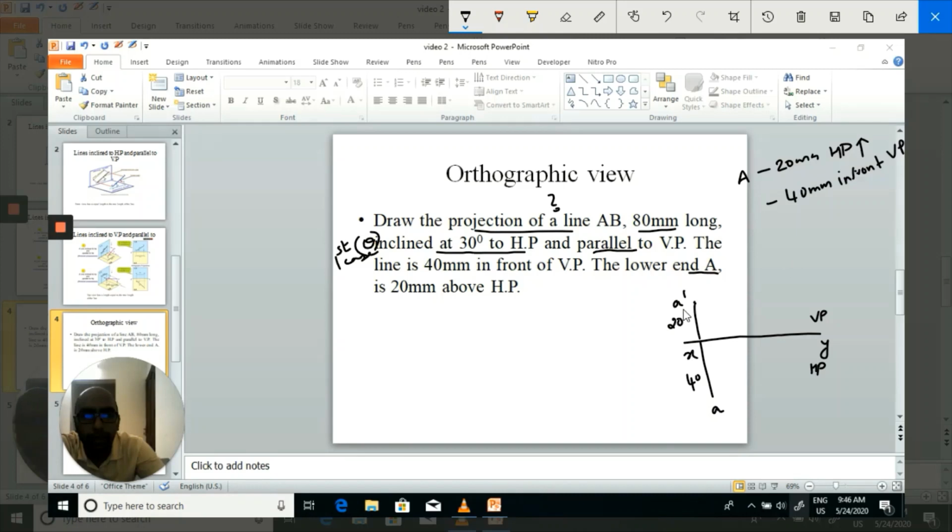So we have to construct a 30 degree angle and draw the true length of the line. Take an 80 mm line at an angle of 30 degrees. So this is the true length of the line.